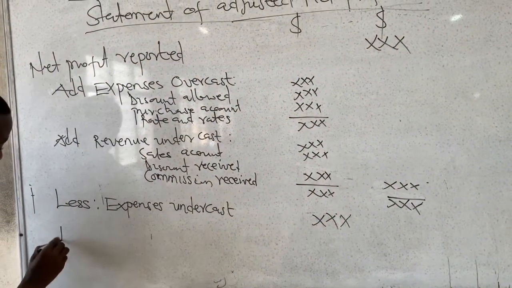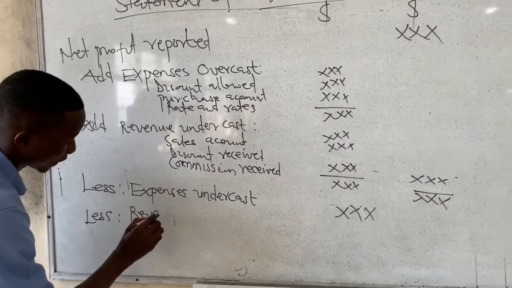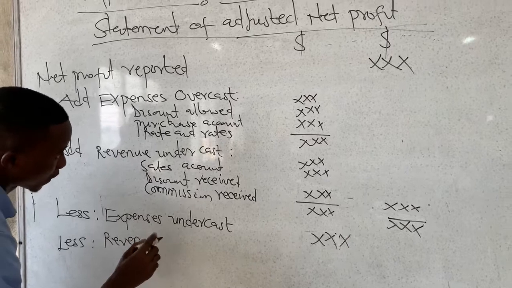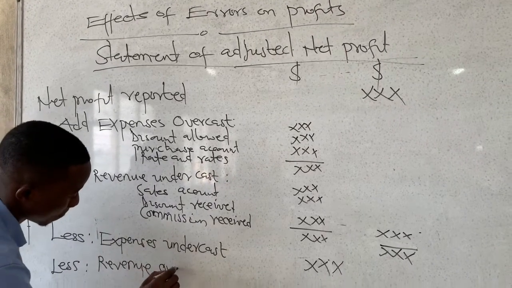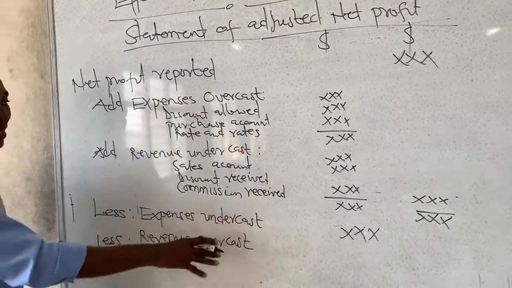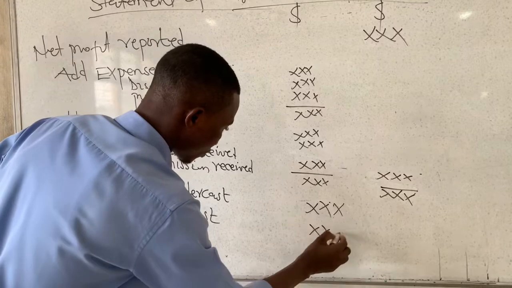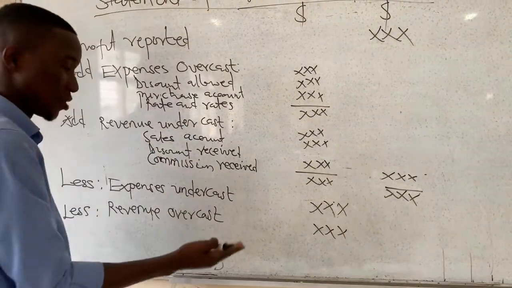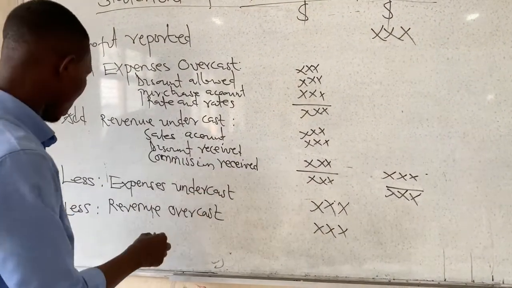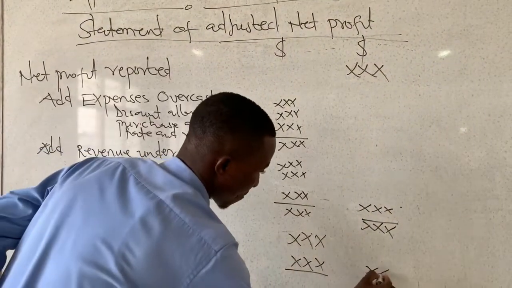Then we still less revenue overcast. I told you the reason why I'm using overcast and undercast, all errors may have resulted in this. All errors will either result in overcast or undercast. So the summation of these two, you bring it in.